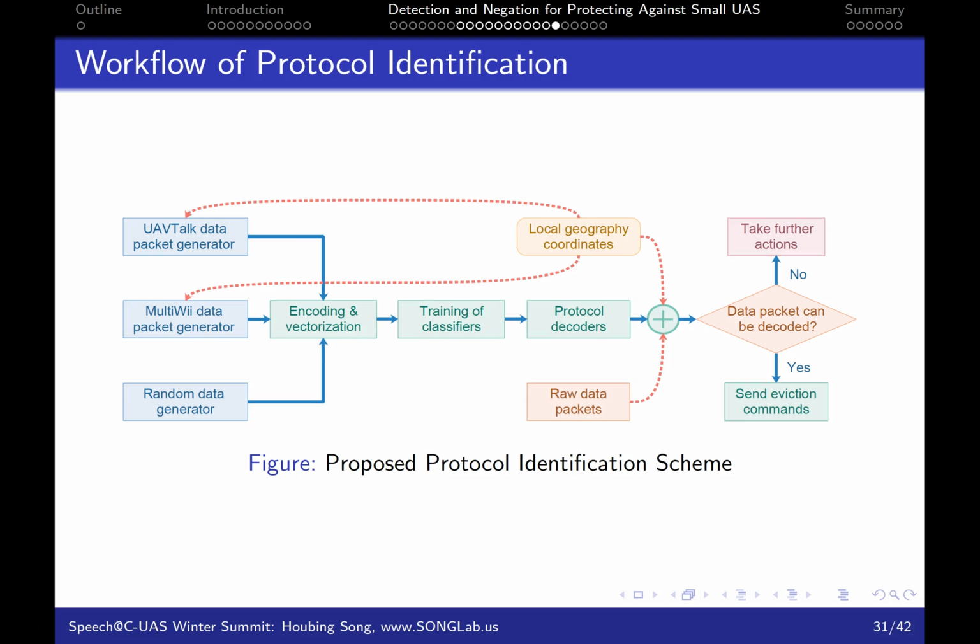So with these three, we can encode and vectorize, then we can train our classifiers. Then, the protocol decoder takes the raw data packet and the local geographic coordinates.